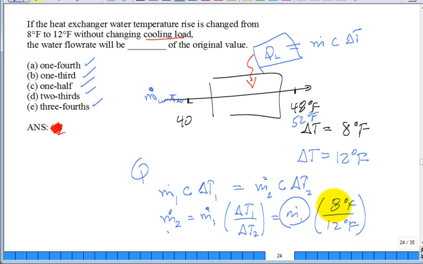And so what's 8 over 12? It's 2/3. That's a significant reduction. It's a 1/3 reduction in the water flow rate.